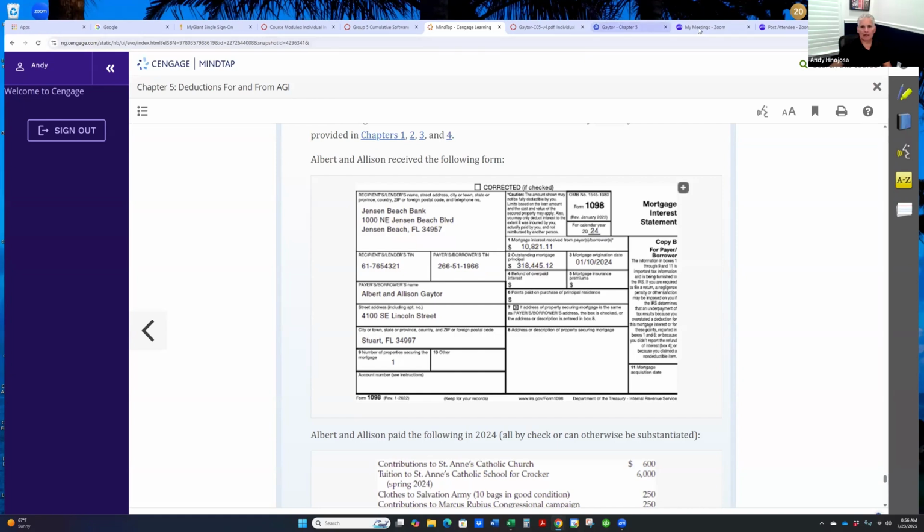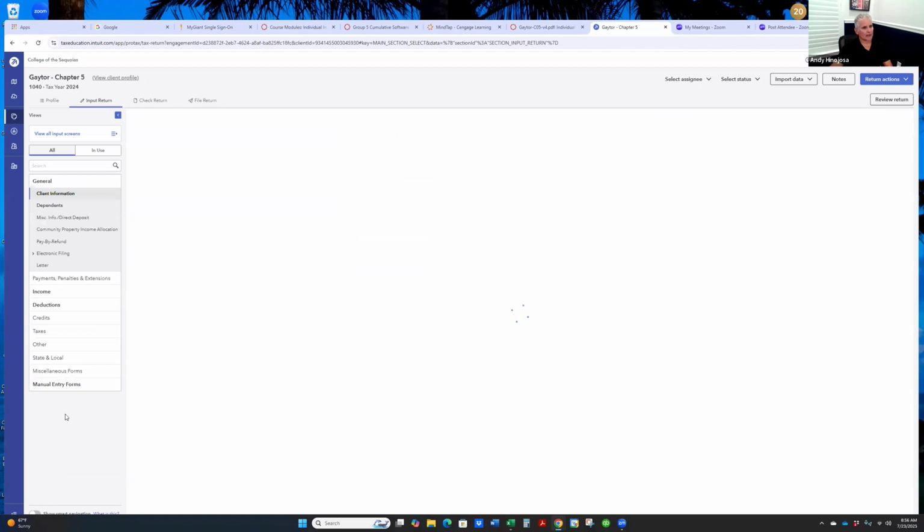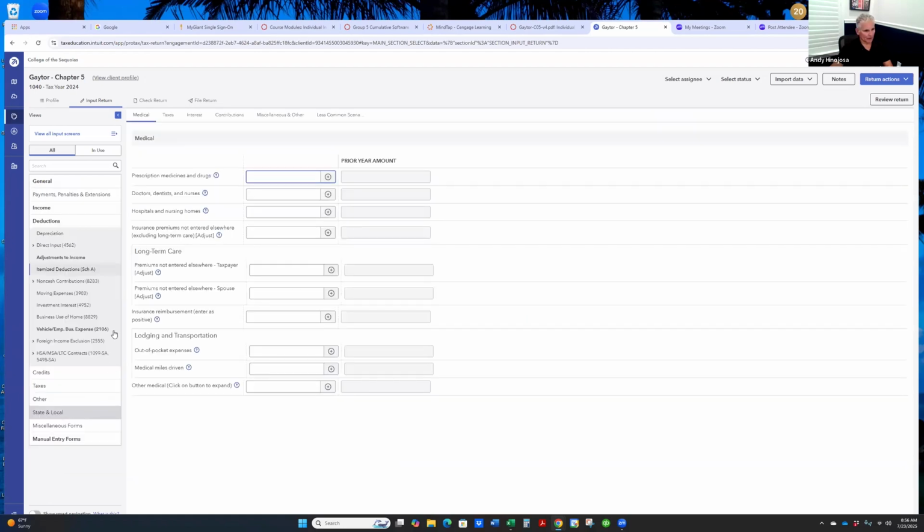So let's go ahead and go back to ProConnect. And now we're going to look over in the section called deductions. Adjustments to income would be for AGI. Itemized deductions, Schedule A, will be from AGI. So let's click on itemized deduction. Here are the categories for the itemized deductions.